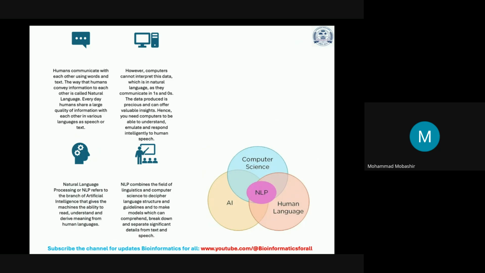NLP refers to the branch of artificial intelligence that gives machines the ability to read, understand, and derive meanings from human languages. NLP combines the fields of linguistics and computer science to decipher language structure and guidelines, and to make models which can comprehend, break down, and separate significant details from the text and the speech.